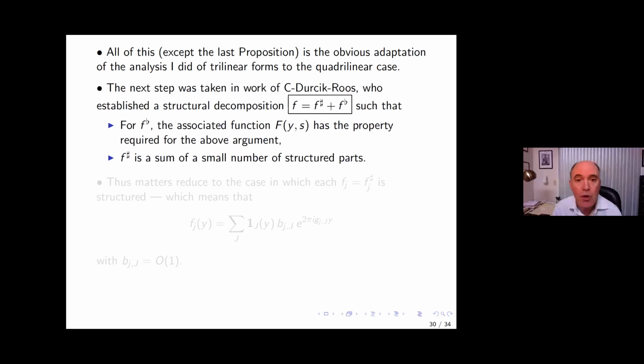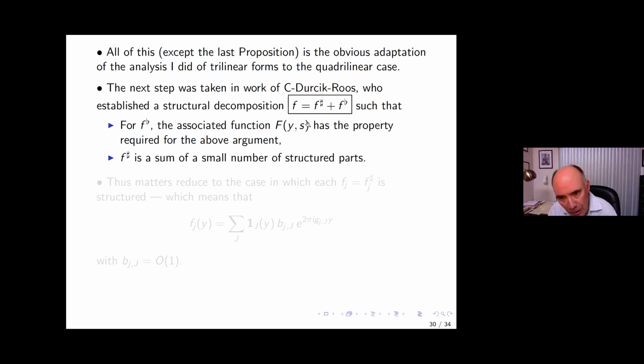Okay, so the next step that's needed to get around this was taken in my joint work with Durchik and Roos. So we established a structural decomposition. A general function can be decomposed as a sum of two parts in such a way that for one part, when you multiply two factors together in the way that we had to, the resulting function capital F is still built out of things that are rapidly oscillating with respect to the variable y.